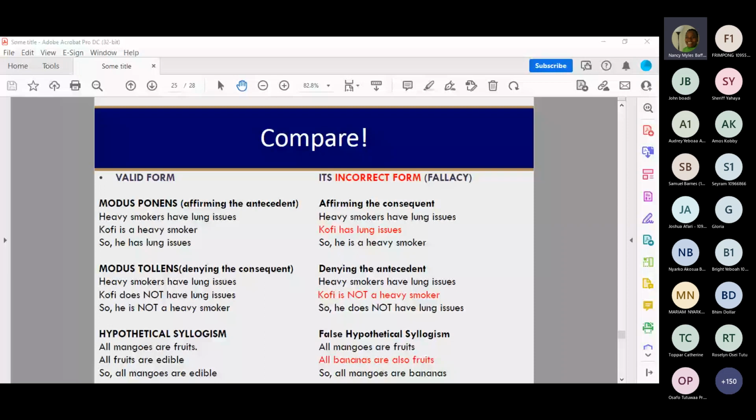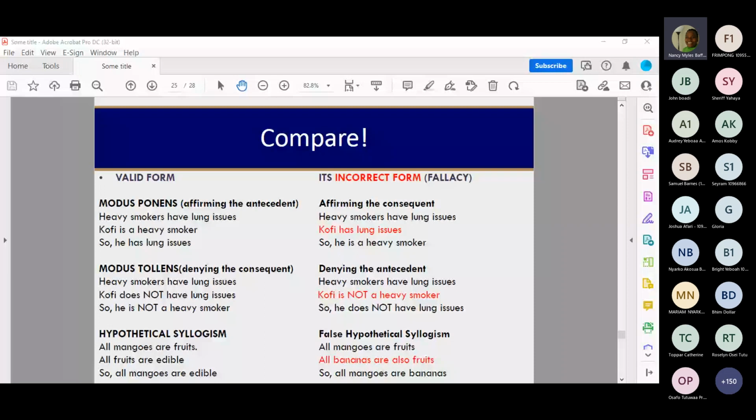I picked the antecedent as it was given to me first, and then I conclude with the consequent as it was given to me. I didn't introduce the negation. The negations are given. I just pick it like a negative number that you're working with. You just pick it as it was given, affirm the antecedent first and conclude by affirming the consequent. It will be modus ponens.